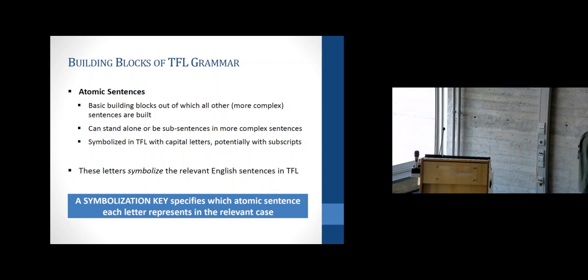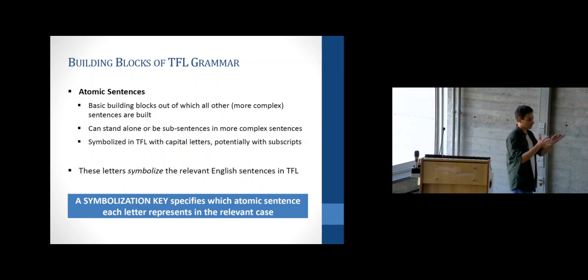A just stands alone, an atomic sentence. Or they can be a sub-sentence of something bigger, A or B. We will see how to think about order. Symbolized with capital letters. And sometimes we can choose A, B, C. Sometimes we can just give them numbers. As long as these are capital letters and it's understood that these are atomic sentences, it's all good.